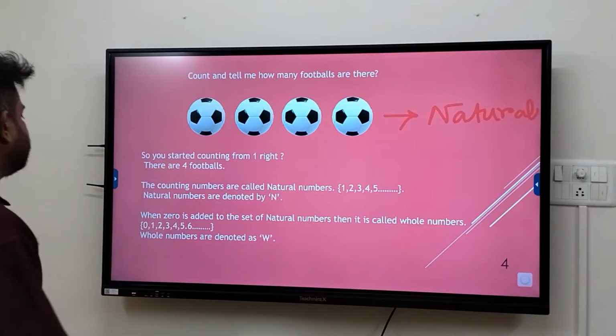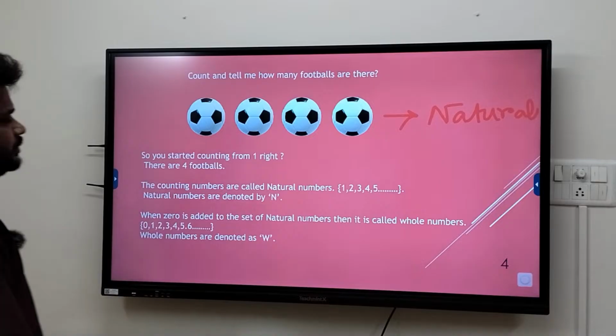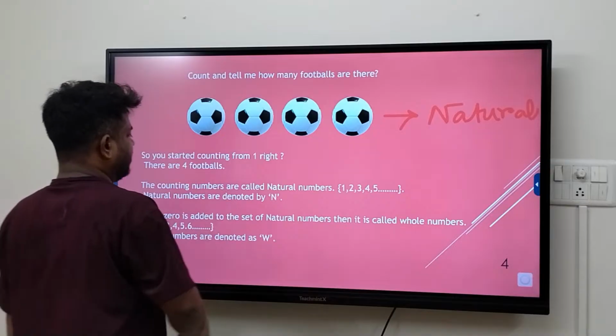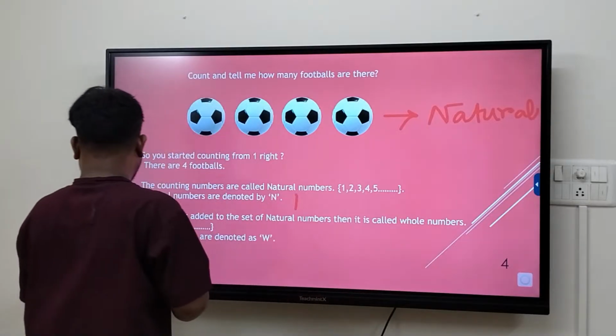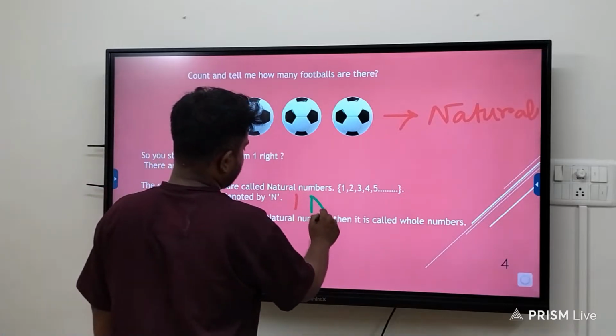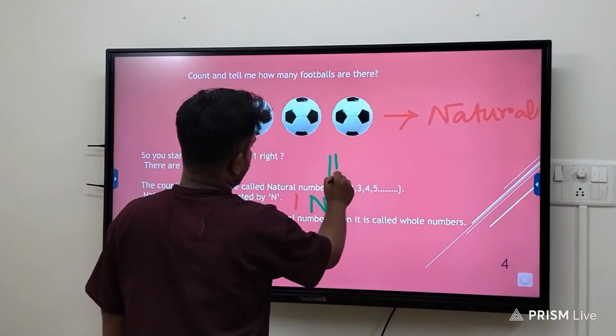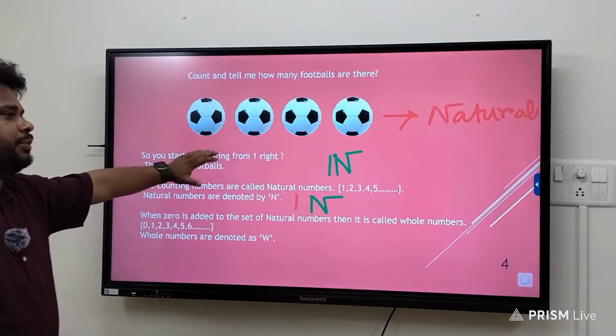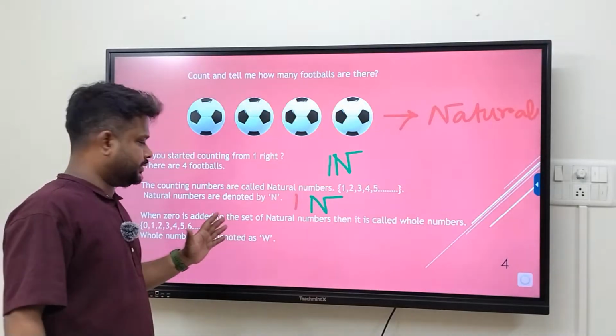There are 4 footballs. The counting numbers are called natural numbers, which I have told you before, and natural numbers are denoted by N. You can denote it by writing just N or drawing N like this. This is called the representation of the set of natural numbers.